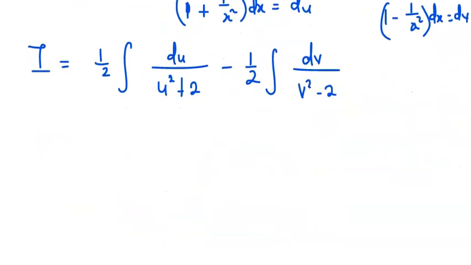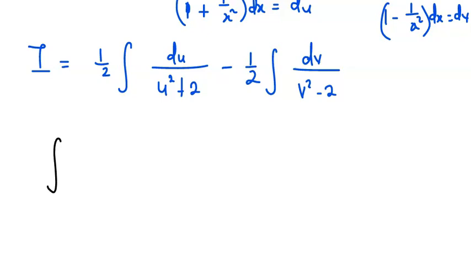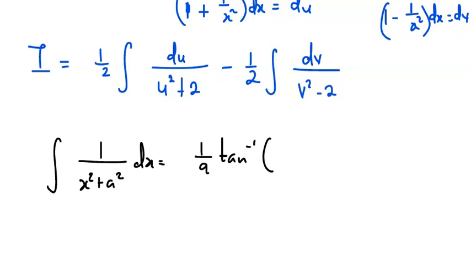Then let us take note of the following nice standard formulas. We have that the integral of 1 over x squared plus a squared dx is equal to 1 over a multiplied by the inverse tangent of x over a, plus c.